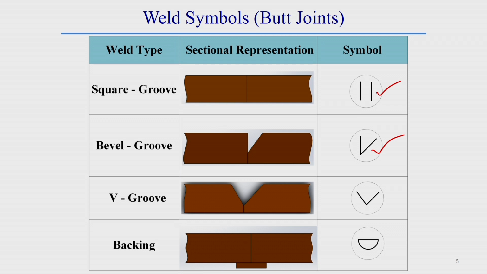In case of a V groove, the symbol looks like a V shape. If a backing bar or backing strip is required to prevent melt through, the backing symbol is provided like this. It is generally a semicircular shape.